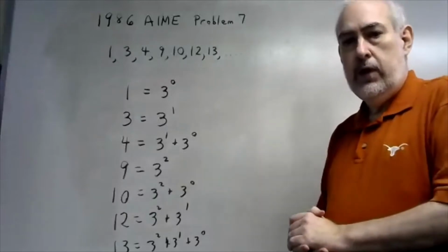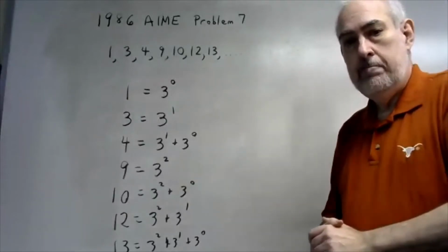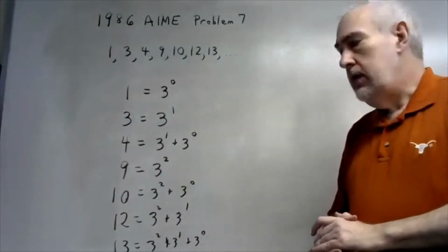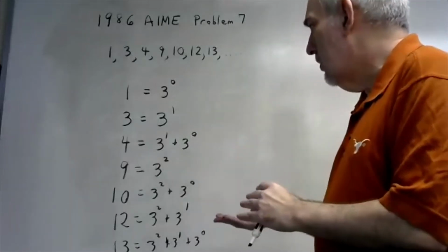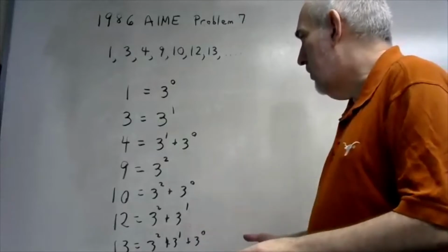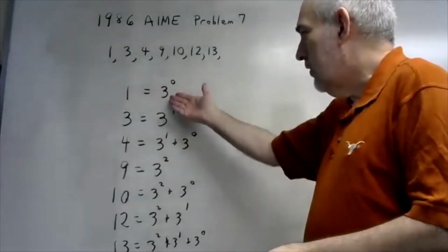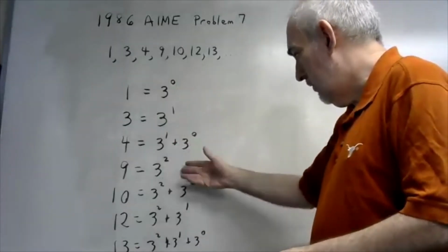So these are the first 7 terms of the sequence, and you can see that the pattern is that you either include or don't include each power of 3. Here we're including 3 to the 0, this one doesn't, and so on.